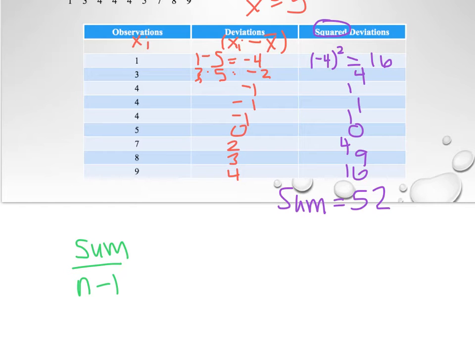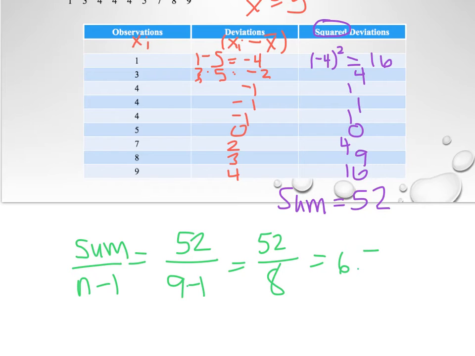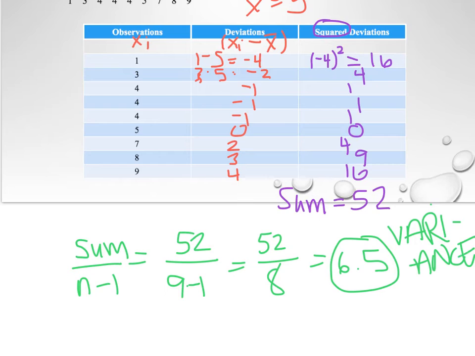So we had 9 kids. So we're going to do 52 divided by 9 minus 1, or 52 divided by 8. And that gets us 6.5. All right, this 6.5 is our variance.